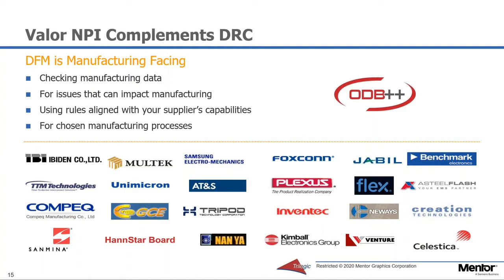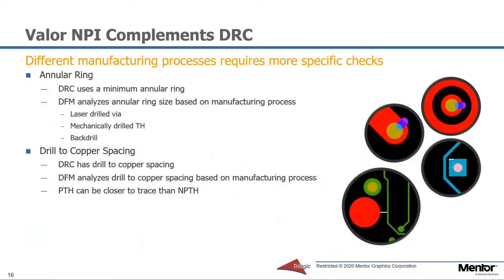Many of your suppliers are already using Valor to check your design when they receive it. You can check the designs earlier using rules aligned with your supplier's capabilities and aligned with their manufacturing processes. Different manufacturing processes may require more specific checks than those found in traditional DRC.